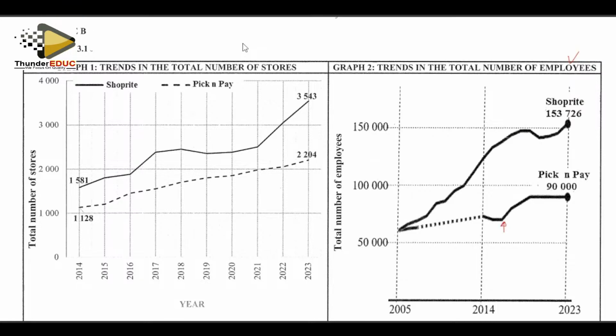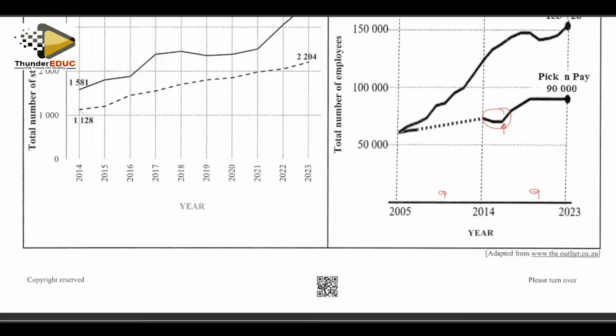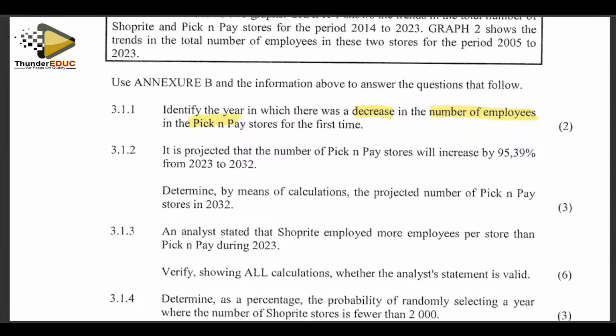Now here we can't tell because these are 9 years, 10 years. Then here also you have approximately 10 years. So the decrease was here. It came down. So I don't know the year here, I think we would have written it because the question says identify the year. So we don't really get it there. Anyway, I believe you can write 2014, or you would have said the year was after 2014.